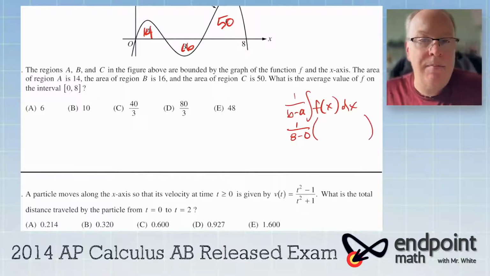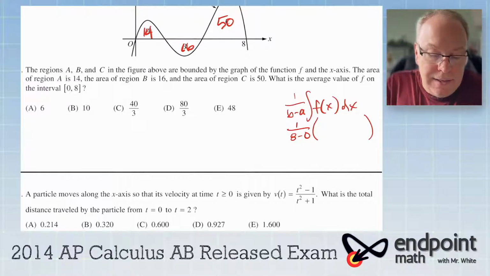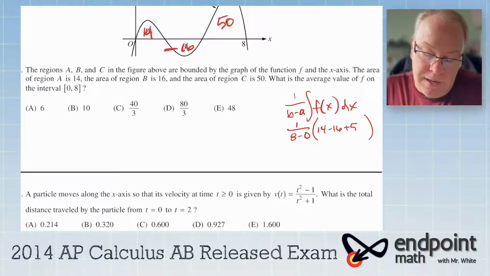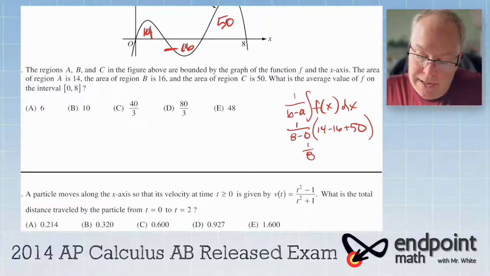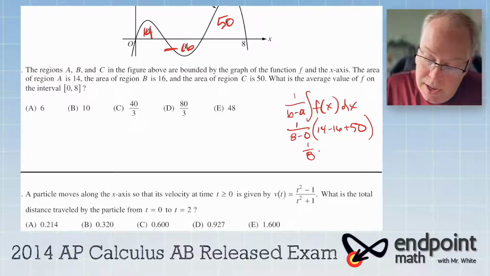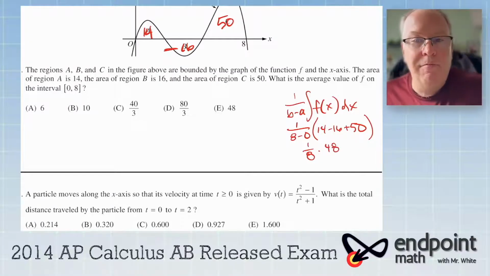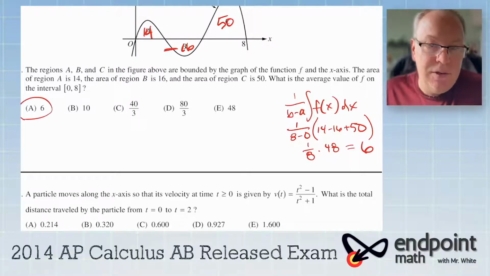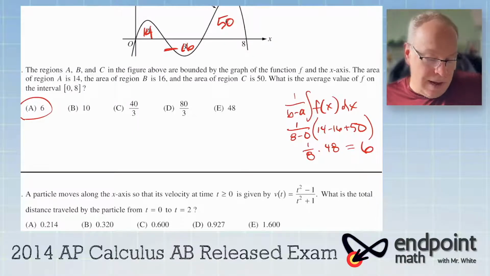All we have to do is add up the areas, but don't forget the 16 is negative. So it would be 14 plus negative 16 plus 50. So that's 1 over 8 times, you can do that in your head without a calculator. Do it. I bet you'll do it more quickly. 48. And look at that. 48 divided by 8 is 6. And the correct answer there on 84 is A.